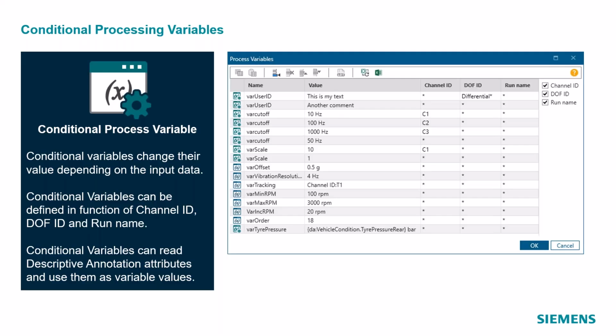In addition to these variables, we can also do some things that are slightly more complicated with these process variables. We can create variables that change their value depending on the input data. What do I mean by that? I mean variables that change based on things like the name of the channel. In an example I'll show later, we can use variables to scale different channels by different amounts.